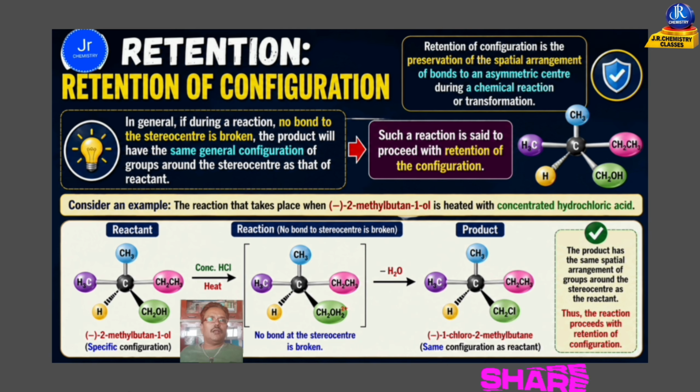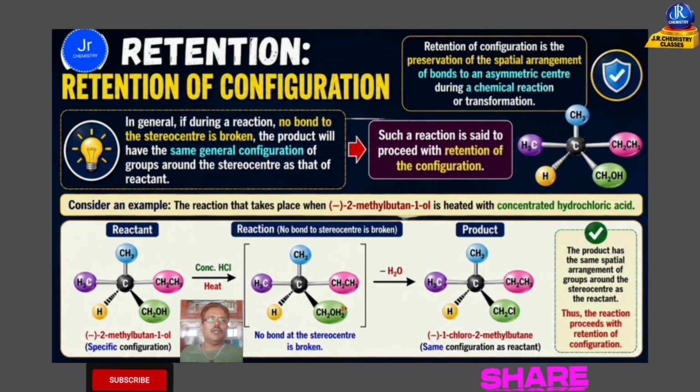Number 3, retention. Retention of configuration is the preservation of the spatial arrangement of bonds to the asymmetric center during a chemical reaction or transformation.